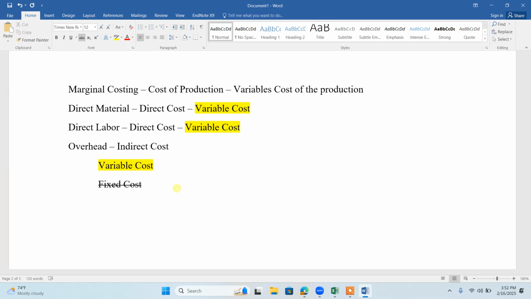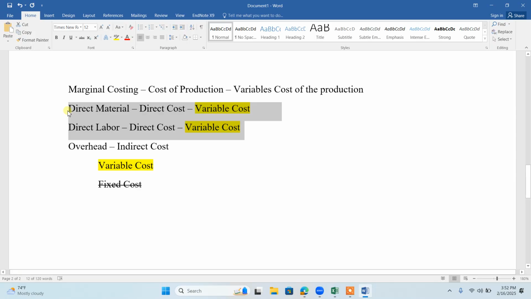So the rest is the same. Whether you are using the absorption costing method or the marginal costing method, the answer and the process are the same for this one. But the question arises when you come to the overhead cost. In overhead, my dear, in this case, we only consider the variable, we do not consider the fixed cost.